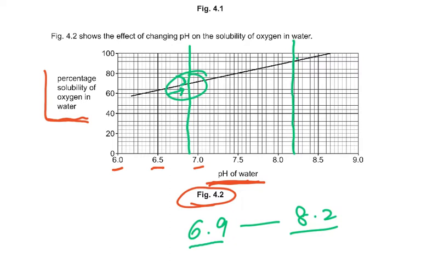Why do we need oxygen? Less oxygen is available for what? For aerobic respiration. And then you tell me about this graph. As the pH increases, solubility of oxygen increases, which you can see here in the line.